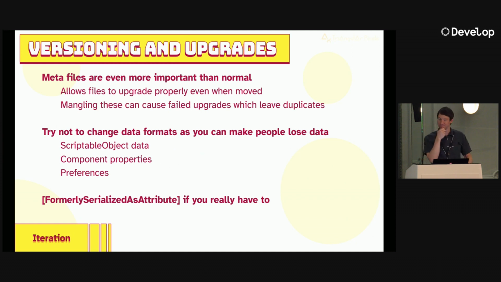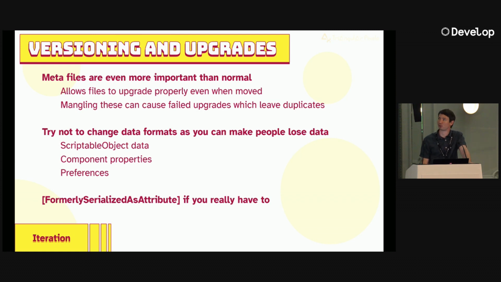Upgrading. I think we've all had assets that haven't upgraded cleanly. And the key thing here is it's often mangled metafiles. Metafiles are often mangled during day-to-day development, and often that's kind of okay. You check in a new GUID, you fix up the references, it's fine.